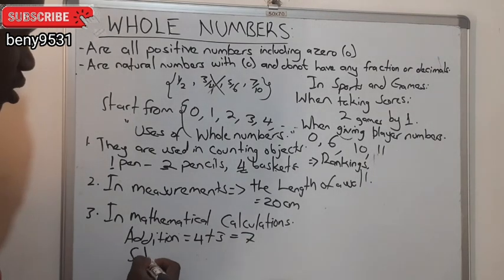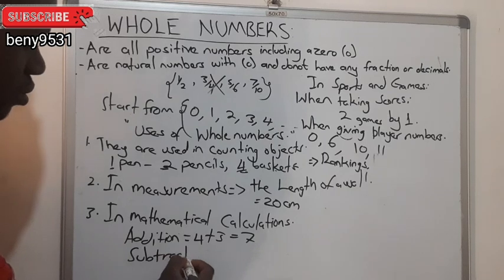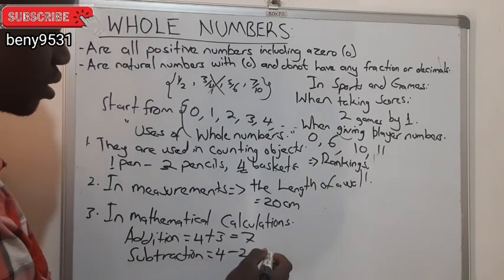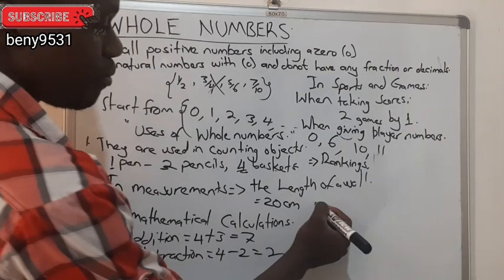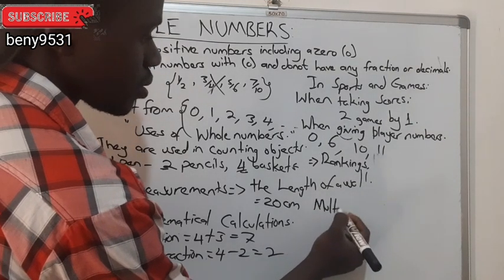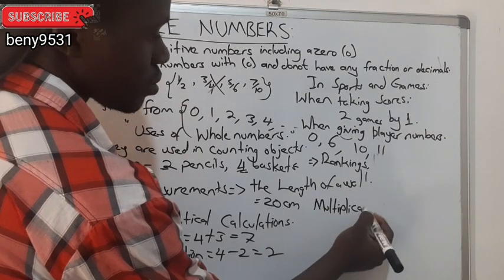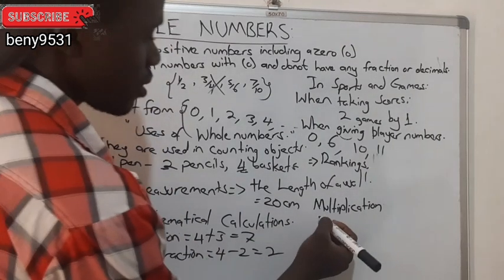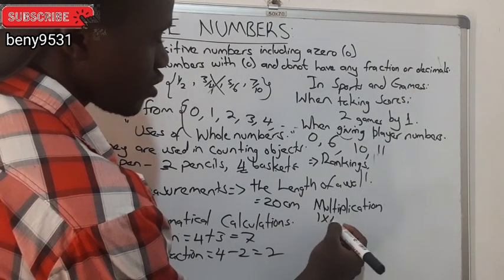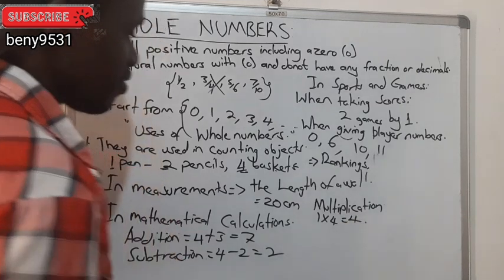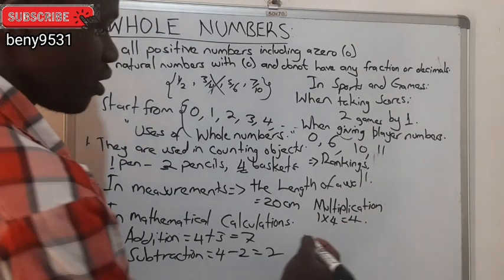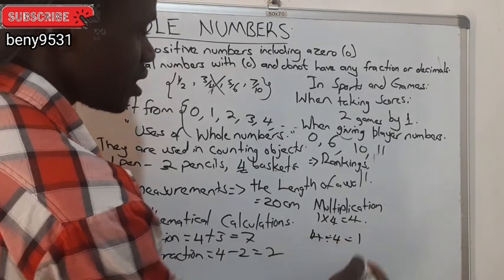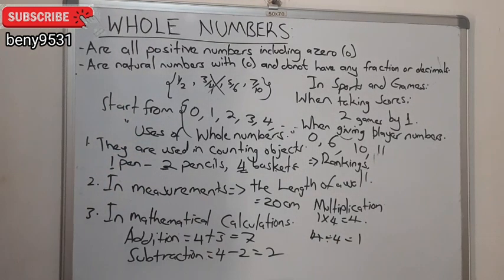In subtraction, if you say 4 minus 2, you get a 2. And in multiplication, for example, you have 1 times 4, the answer is 4. And division, when you say 4 divided by 4, you get 1. So all these are mathematical calculations.